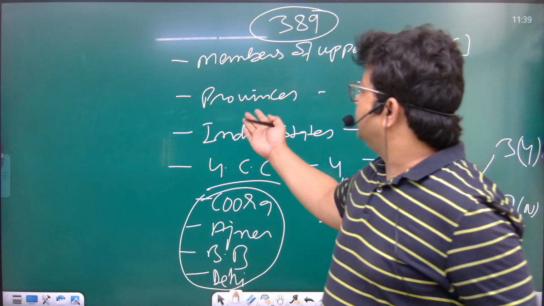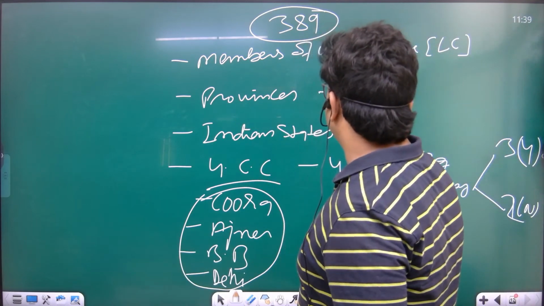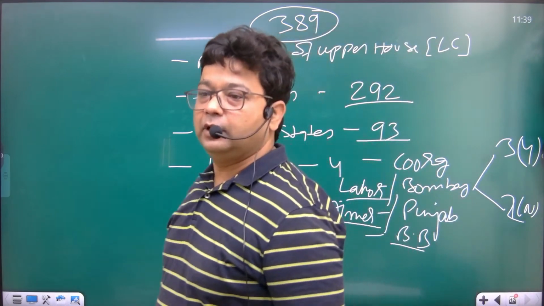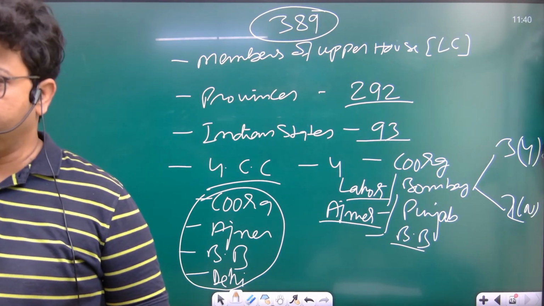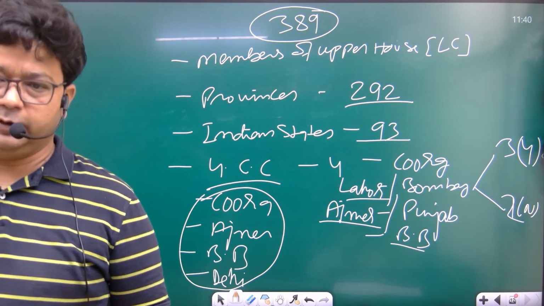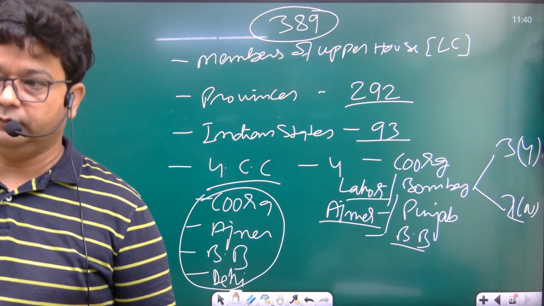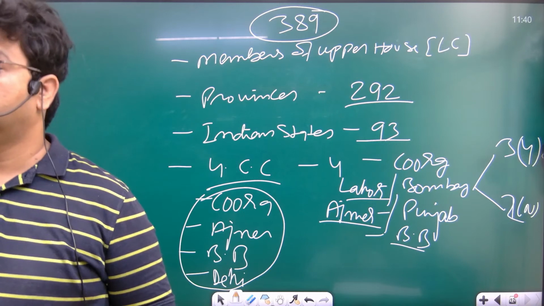Now, the provinces have 292 seats. Indian states have 93 seats. Now, is there another arrangement for these provinces and Indian states, or is this all the arrangement that has been given? Different arrangement. What are the arrangements?